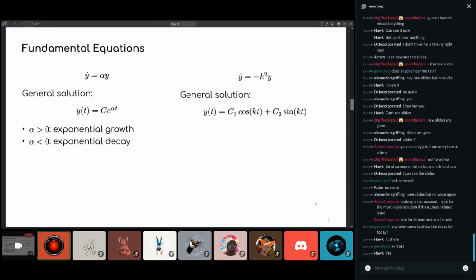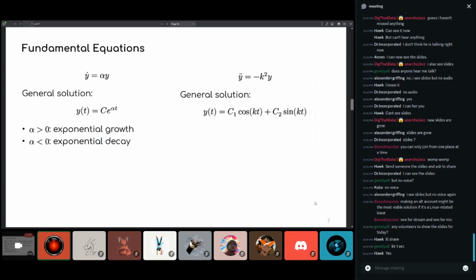Again, all of these you can compute yourselves. You could think of this one as the fundamental equation that describes some kind of periodic motion. So both of these are super important because they're simple enough and you can usually reduce your more complicated equations to something like this. But the one on the left is probably the most useful.